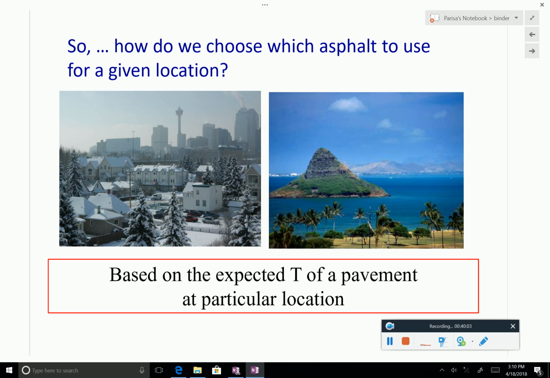It's an extreme case, but the number one factor that you have to look at is the history of temperature, the seasonal variations in that location. So, temperature.